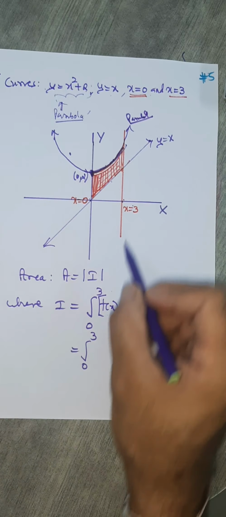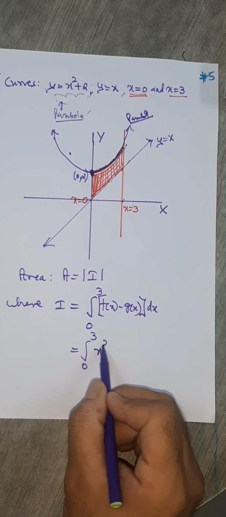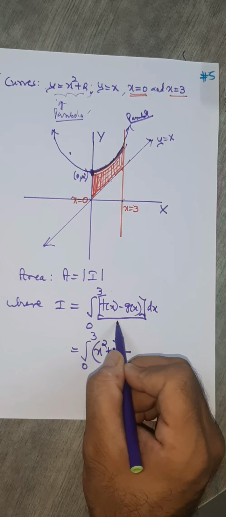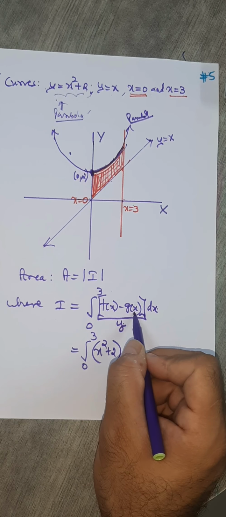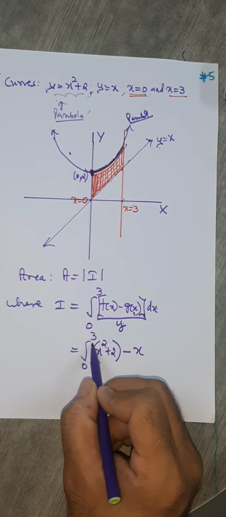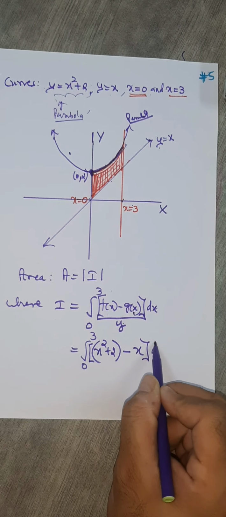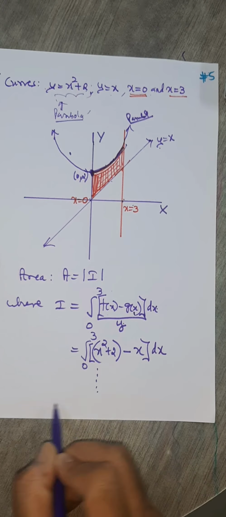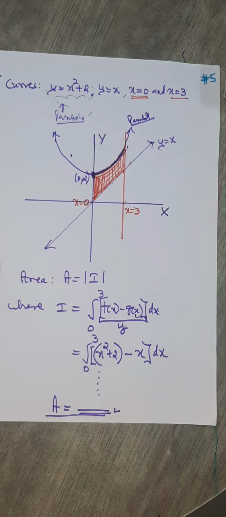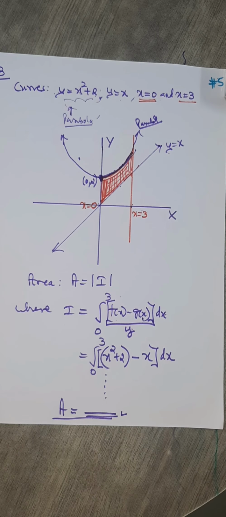So take y from the parabola. What is y from the parabola? X square plus 2 minus this is y dx, remember. Take y from the other function also. So what is y there? X. Now this is very simple integration. Integrate it, so we'll get the required area. Right? Not a big task, I suppose, for you.